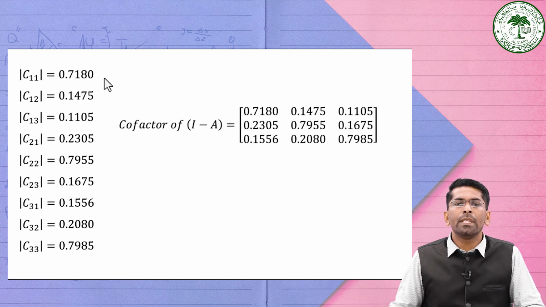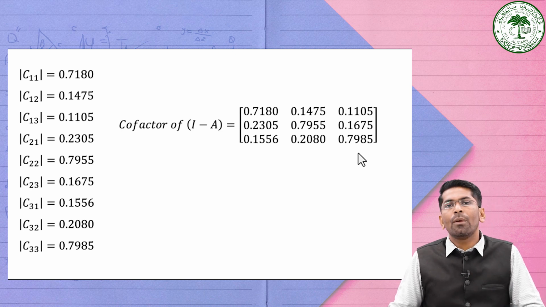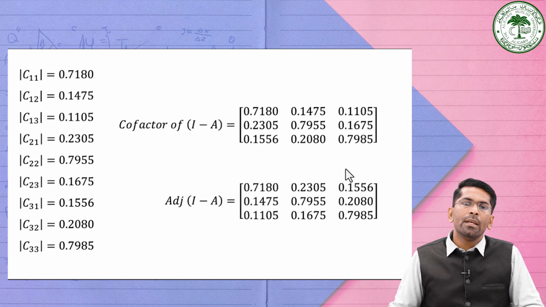Then it will become: 0.7180, 0.1475, 0.1105, 0.2305, 0.7955, 0.1675, 0.1556, 0.2080, 0.7985. This is the cofactor matrix. After finding the cofactor matrix, we can go for calculating the adjoint matrix. We can find the adjoint matrix by taking the transpose of the cofactor matrix.